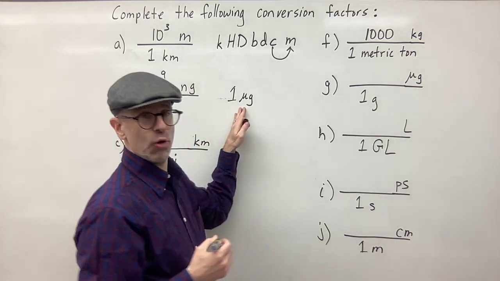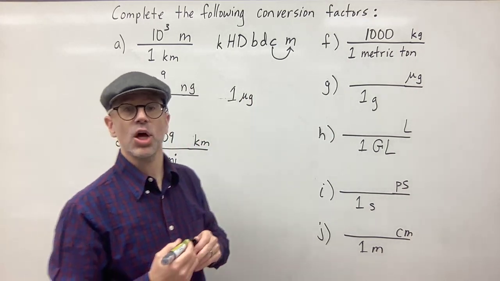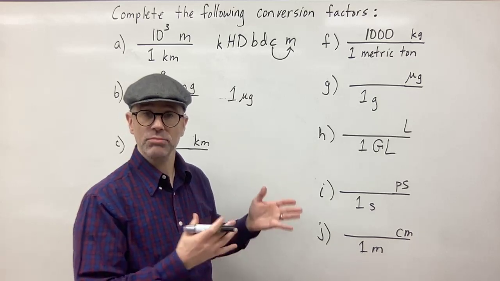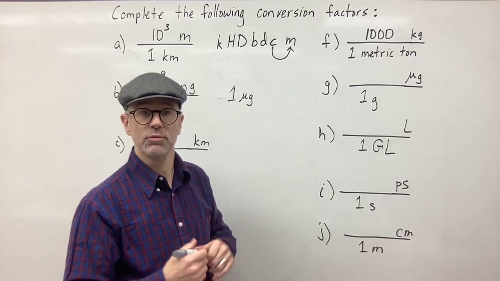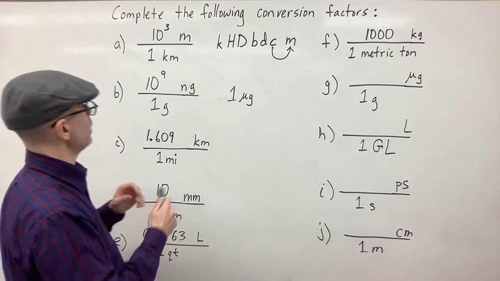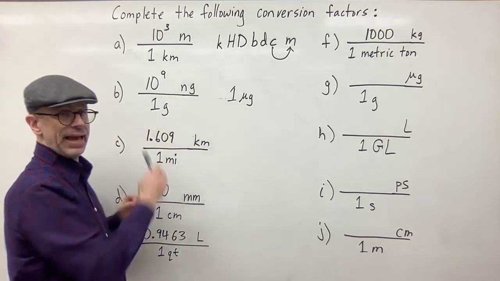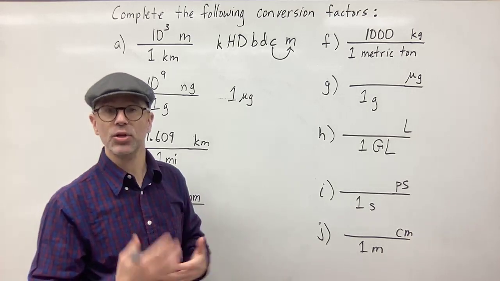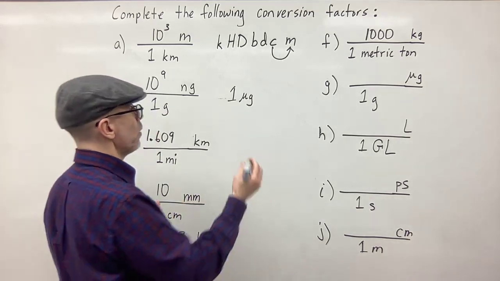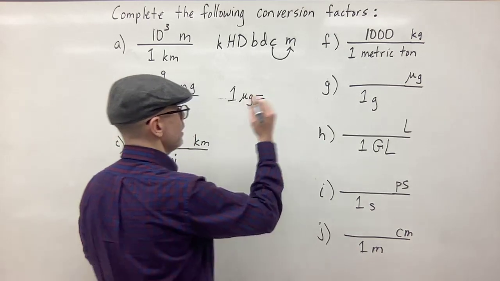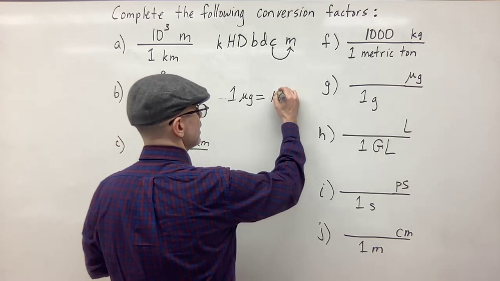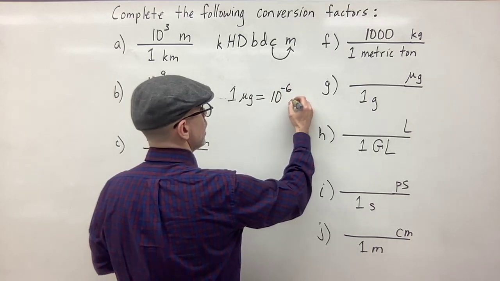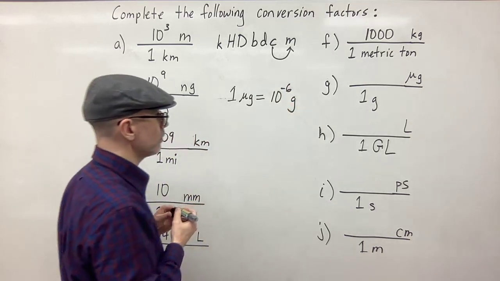And then what does micro mean? Micro means 1/1,000,000th of a particular unit. Well, 1/1,000,000th is 10 to the negative 6. And that's going to be 10 to the negative 6 grams, right?